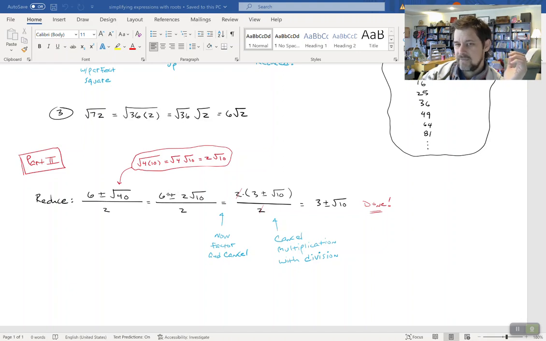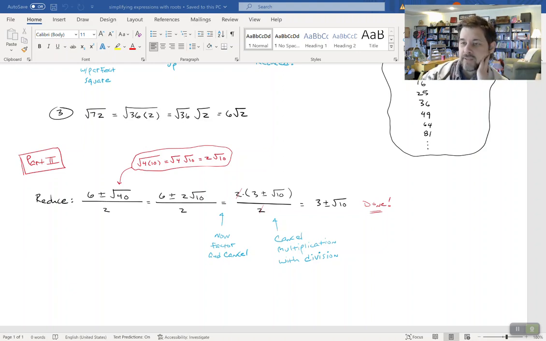Here I'm adding and subtracting the 2. That's not the opposite of dividing by 2. So these 2's wouldn't cancel. Okay? Because they're not opposite. I'm not canceling multiplication with division. This is adding. I don't cancel things with dividing that are added and subtracted, just because those are not opposite things.